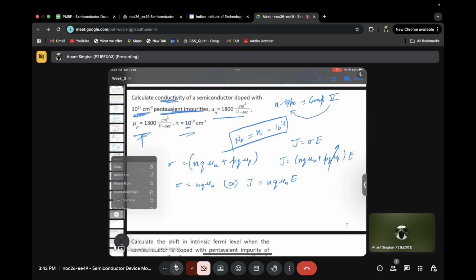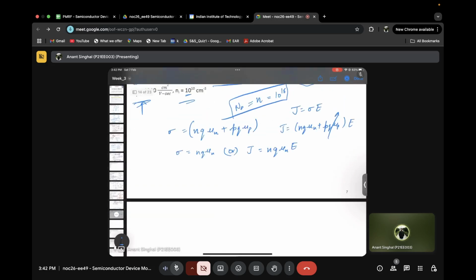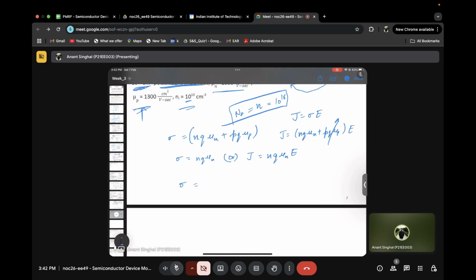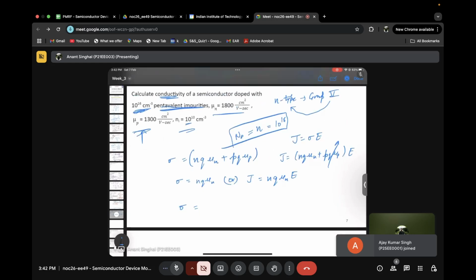Okay. So if this is clear, then this was a very easy problem. Let's try to find it out. n is given here as 10 to the power 16. Q we have already, sorry, this is 1.6 times 10 to the power minus 19. Then we have μn. μn is given as 1800. So we need to use the electron mobility, right? Because we are dealing with the pentavalent or the n-type impurities. And then electric field, is it given?